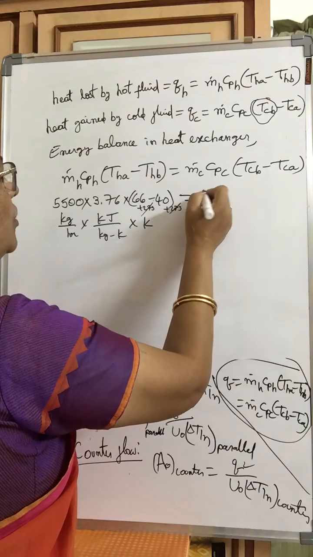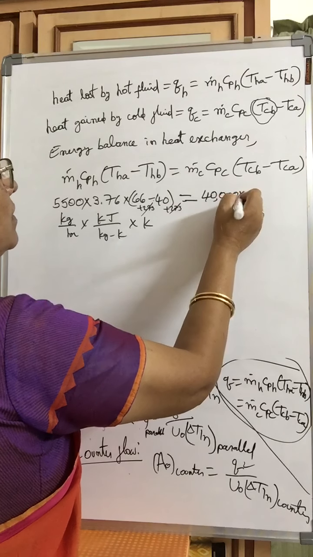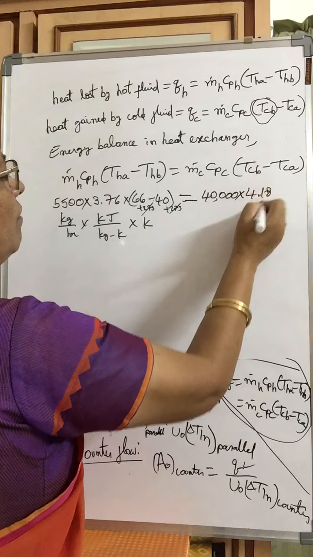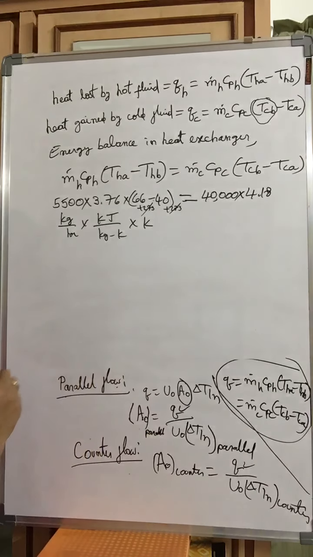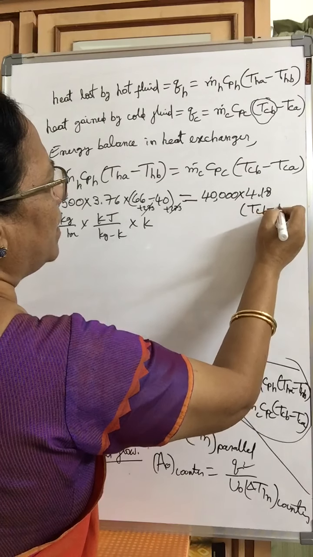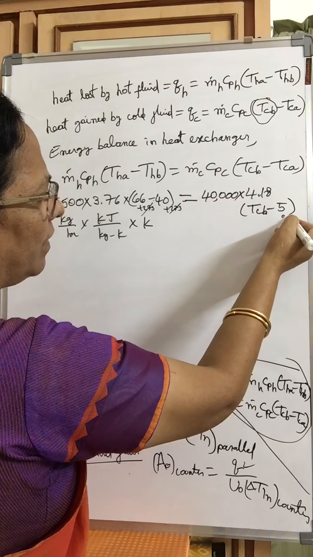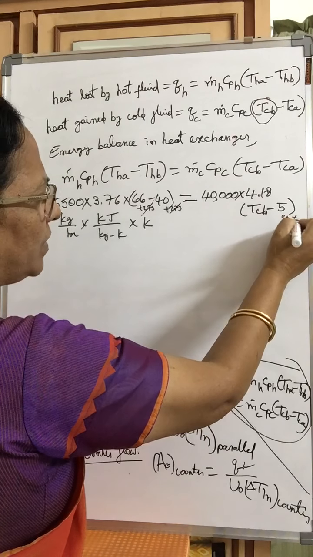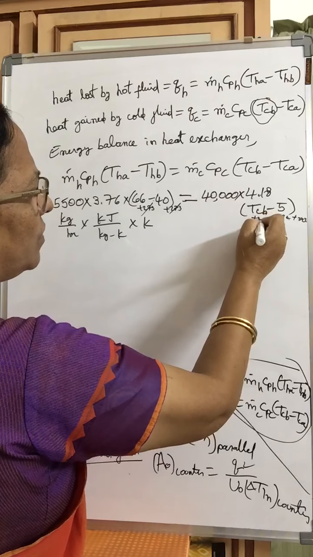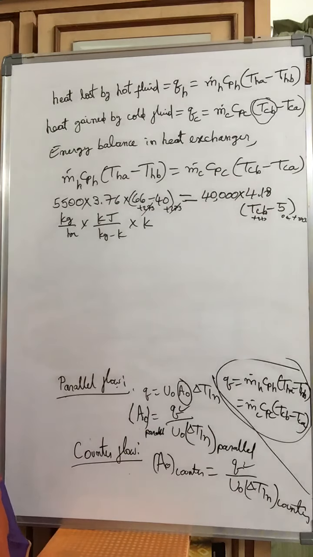So this is equal to m dot C, this is 40,000 into 4.18 into, is it 40,000, for TCB minus 5. Here if you keep degree centigrade, so plus 273, this is plus 273, no problem, you will get it directly in centigrade.